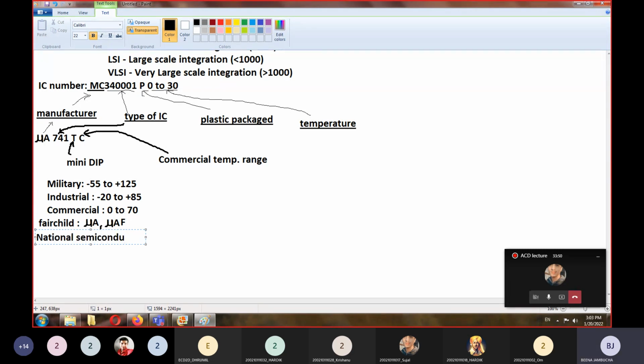If national semiconductors are manufacturing the IC, your IC number will always start with either LM or LF or TBA. So for different types of ICs, they will use different starting prefixes. If Motorola is fabricating the IC, then the start will be MC or it may be MFC. Okay, it is Motorola.